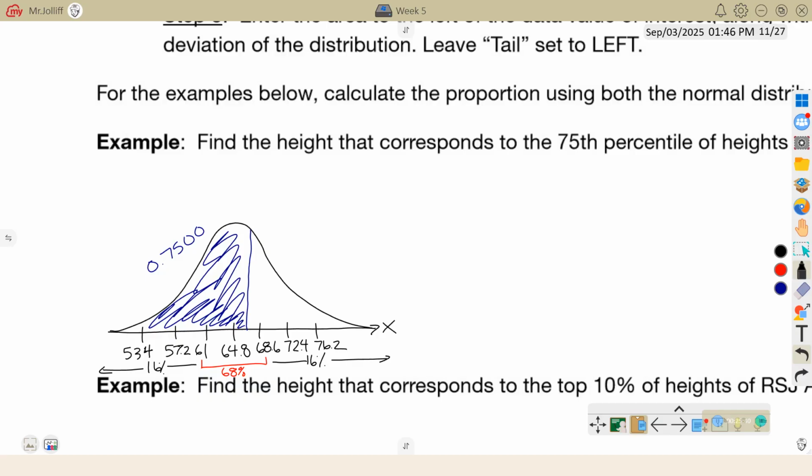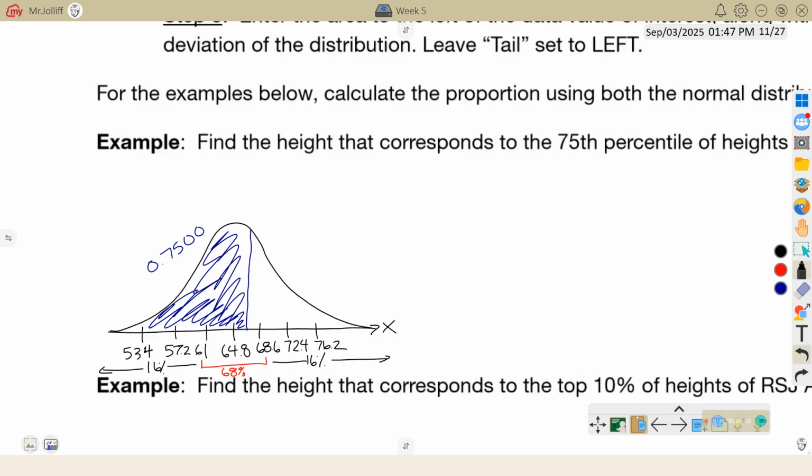Since we know that we're sitting to the right of the mean, will my z-score be positive or negative? To the right of the mean, positive or negative? Positive, the value's bigger than the mean. So I'm looking on the positive half of my standard normal table, in the middle, for numbers that are around 0.75.